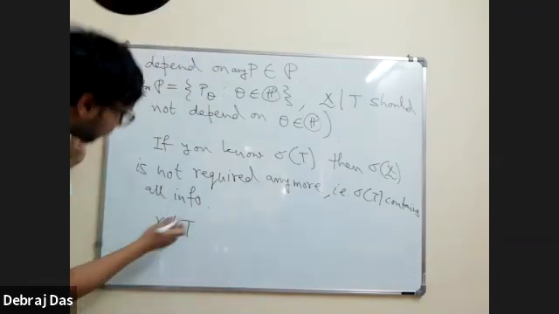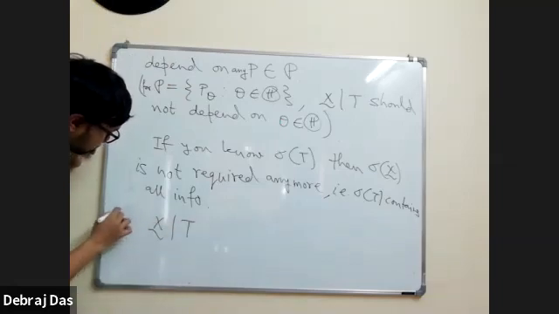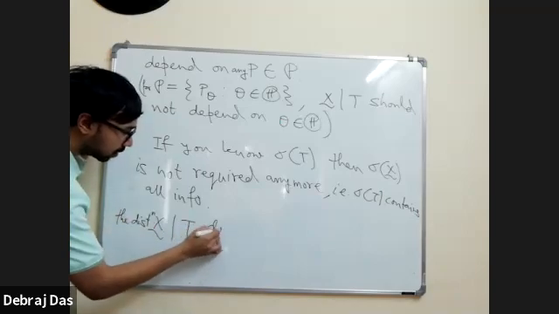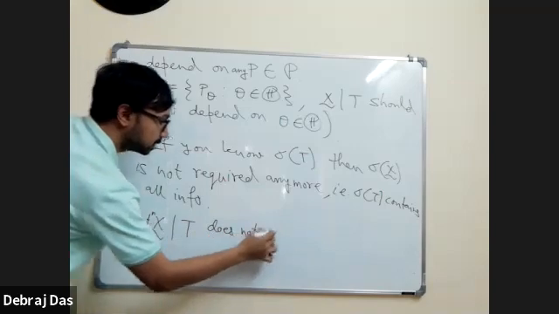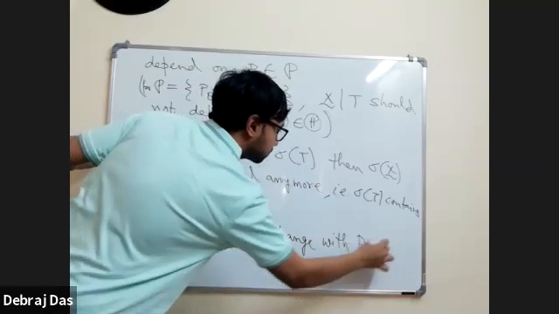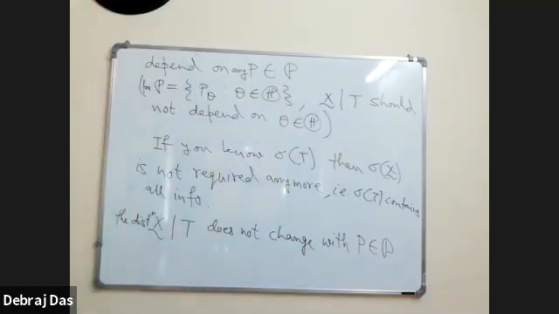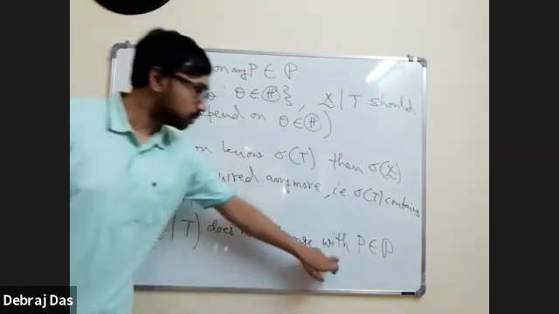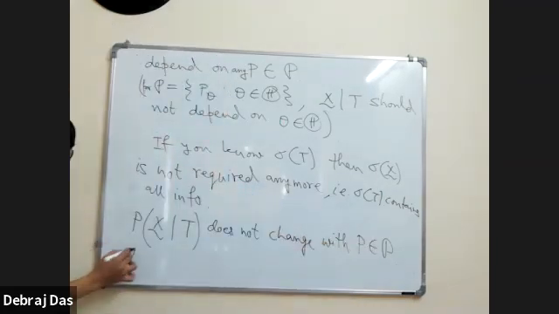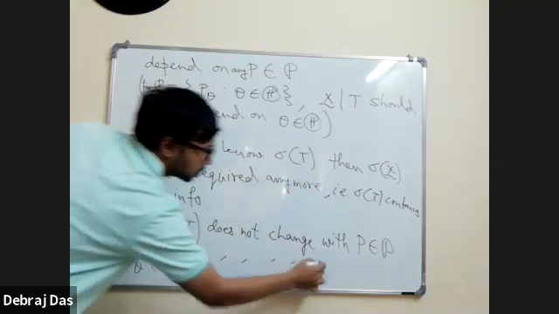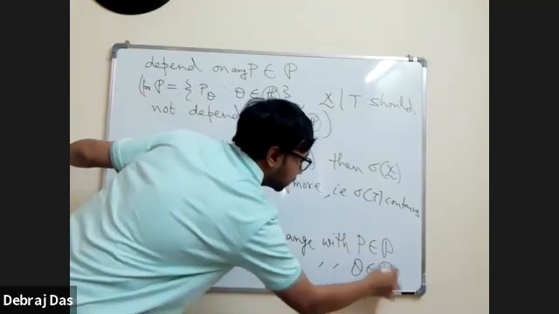And the distribution of X curl given T does not change with P belonging to the family. Similarly, if it is a parametric family, you will write: does not change with theta belonging to the parameter space.